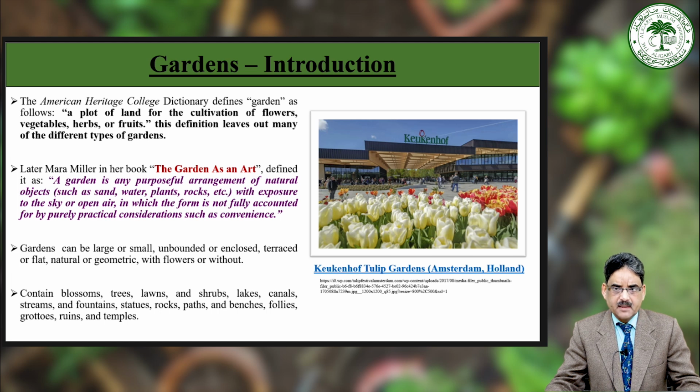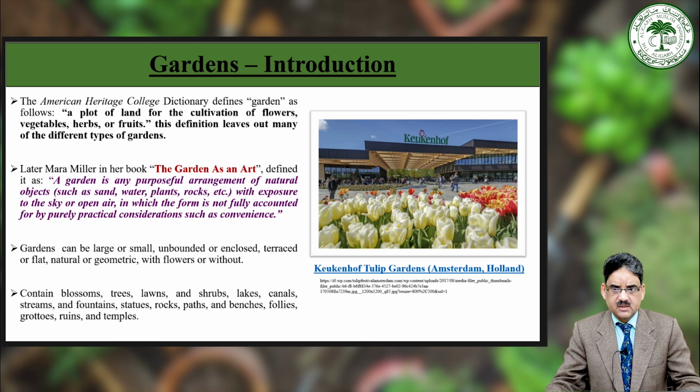Later, Mara Miller, in her book The Garden as an Art, defined it as: a garden is any purposeful arrangement of natural objects such as sand, water, plants, rocks, etc., with exposure to the sky or open air, in which the form is not fully accounted for by purely practical considerations such as convenience.